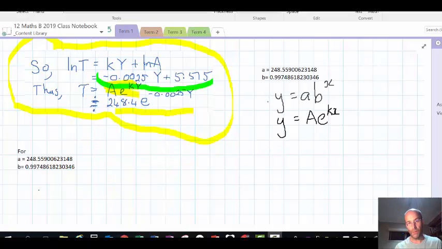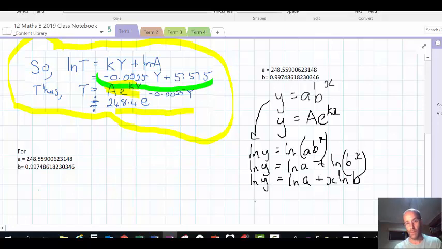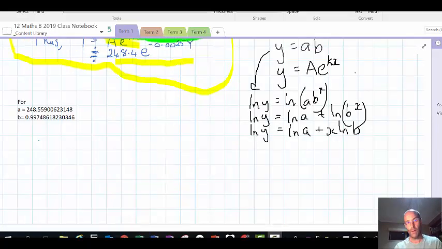Using the first equation, take logs of both sides, using log law 1, using log law 3, we get that result there.